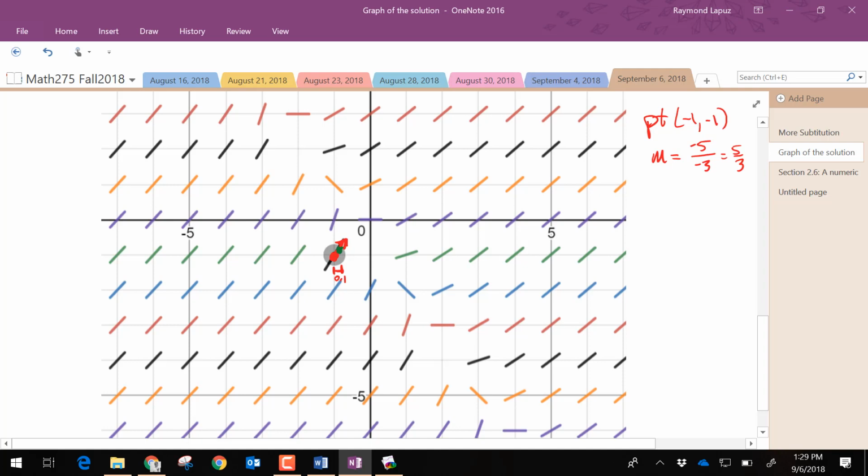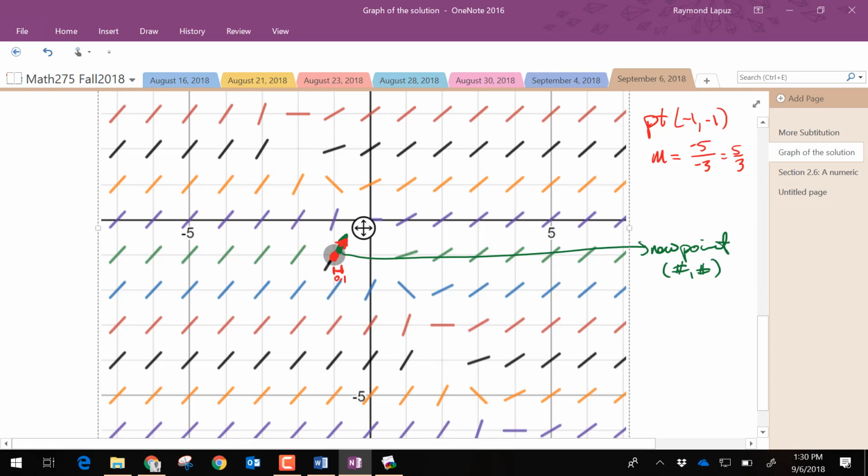And then from that point, we're going to try to find the slope. Whatever that new point is, I'm going to put that back into the differential equation to get a new slope. And the new slope will tell me which direction to go again. And then I'll take another little step, and then I'll get another new point, etc.